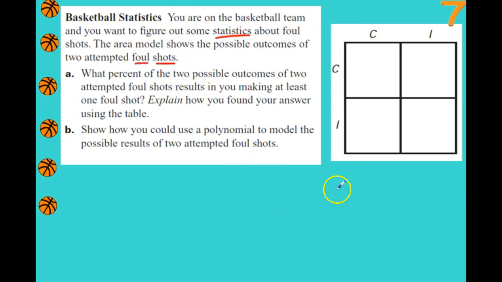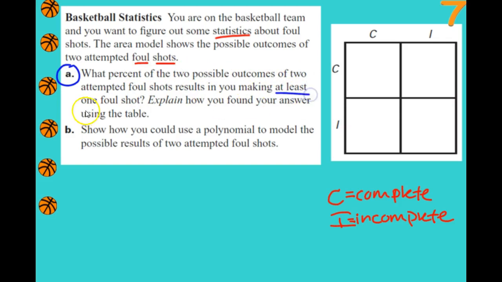So before we start, C stands for complete. I stands for incomplete. So they want to know what % of the possible outcomes of 2 attempted foul shots result in you making at least one of the 2. Explain how you found your answer using the table.